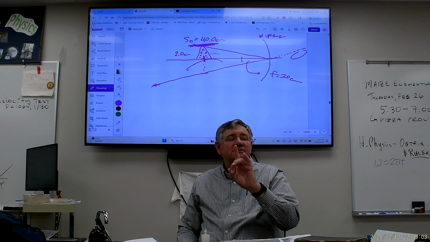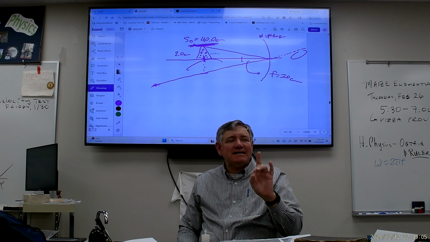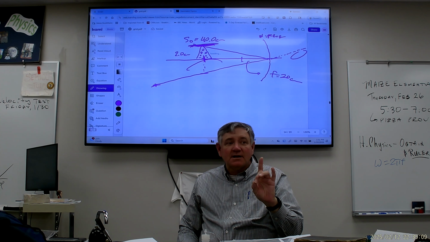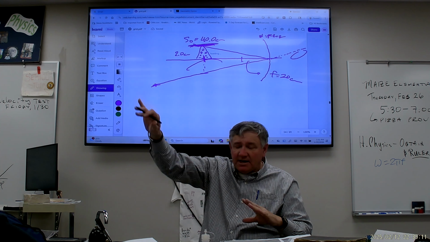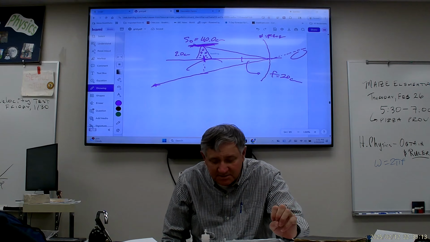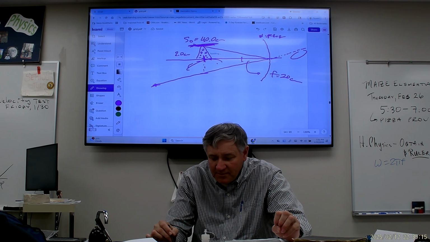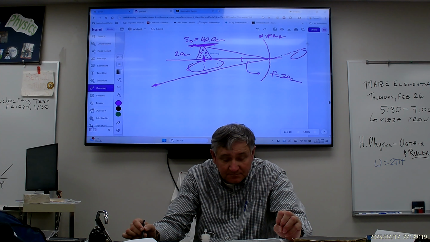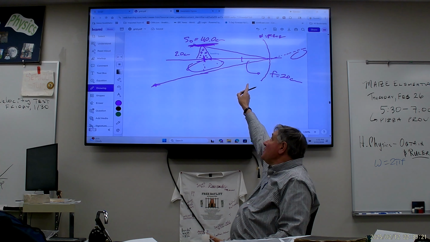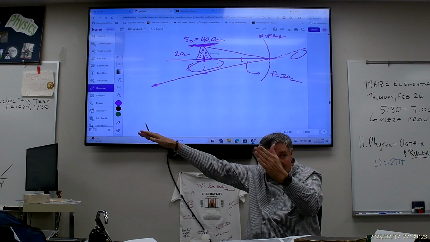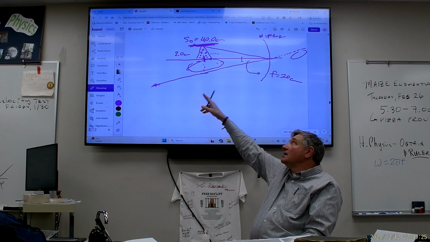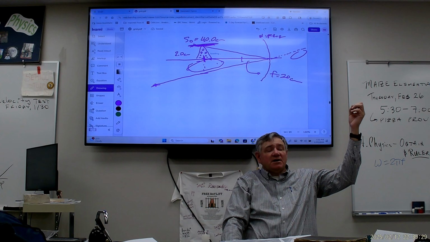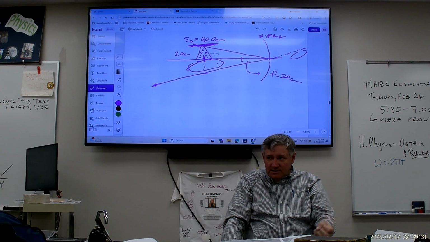How can it be on the other side? Okay, the dashed line goes on the back side. So when you have mirrors, it's either on this side or it's on the other side. That's it. Now, if it's on this side, on the side that the object is in, if it's in this triangle off to the left, is it going to be upright or inverted?